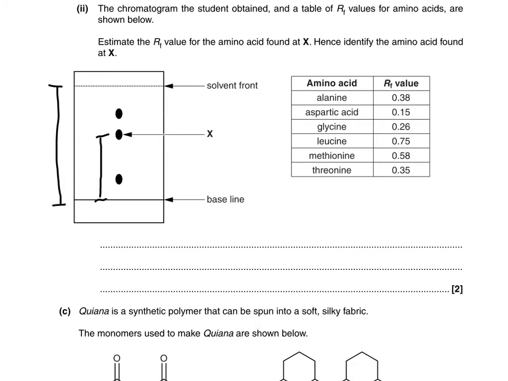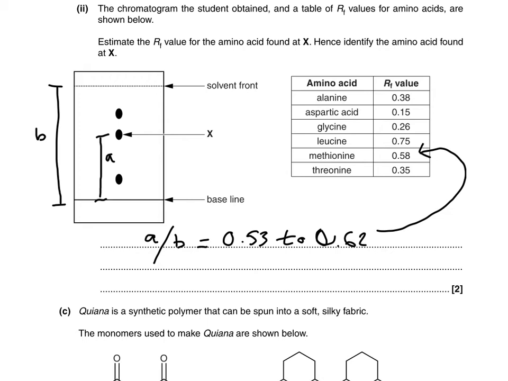I'm just going to label them A and B. It's the distance moved by our sample divided by the distance moved by the solvent. And you should get somewhere between 0.53 to 0.62, which gives us methionine as our answer.